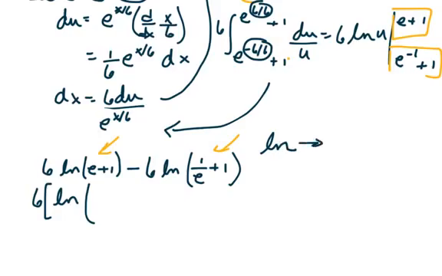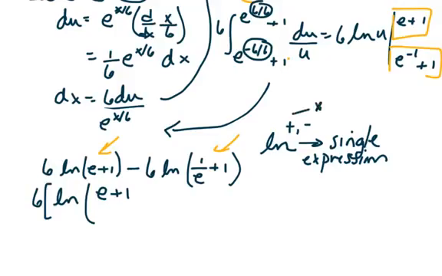So if you want to take logs that are added or subtracted and write it in a single expression, you can by combining. So addition maps to multiplication and subtraction maps to division. So this is subtraction between these two logs.